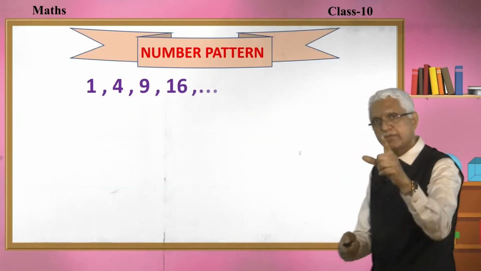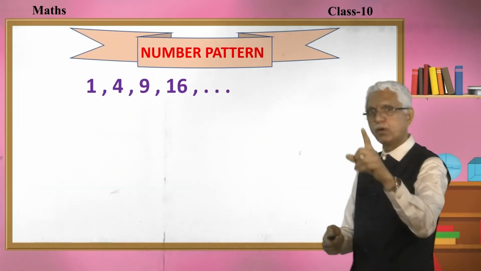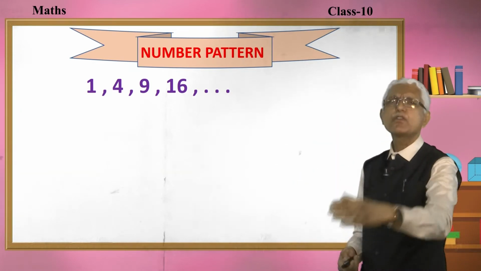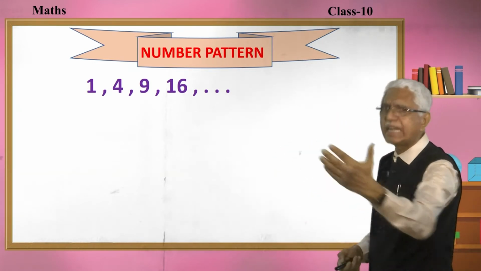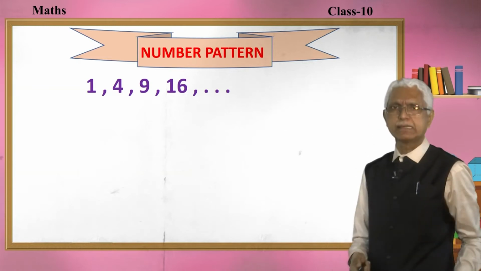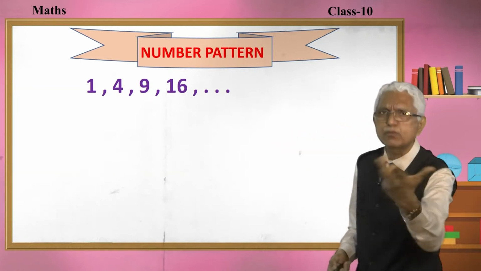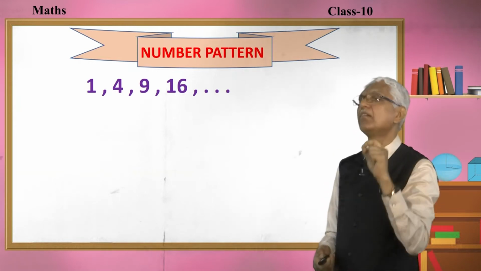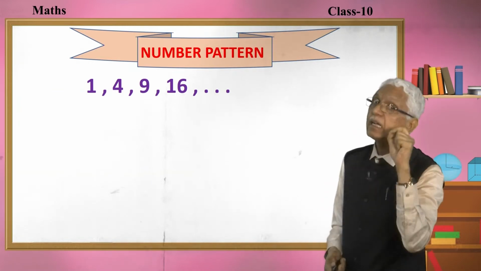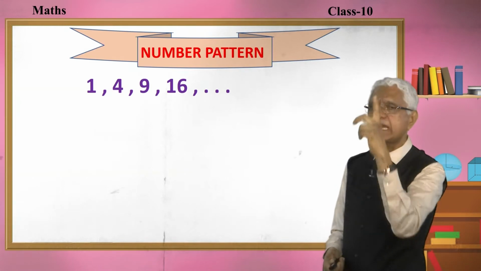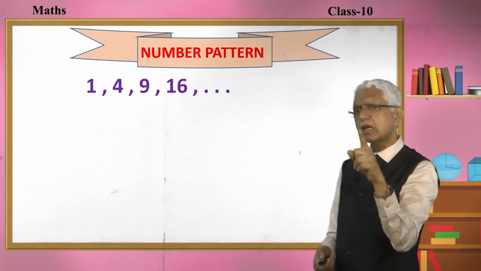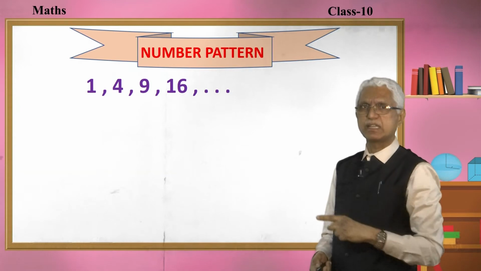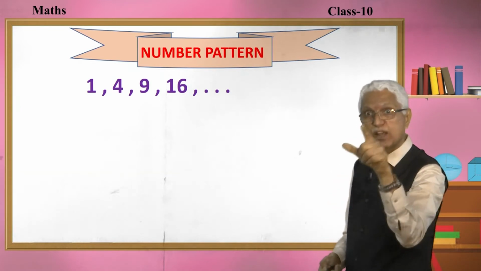Now, we have taken a set of numbers 1, 4, 9, 16. Correct? If you ask a student of mathematics or any lay person, what are these? He just reads 1, 4, 9, 16, or at the most, if he is a little sharp, a little alert, he might be able to tell you, sir, these are squares of natural numbers: 1 square, 2 square, 3 square, 4 square.